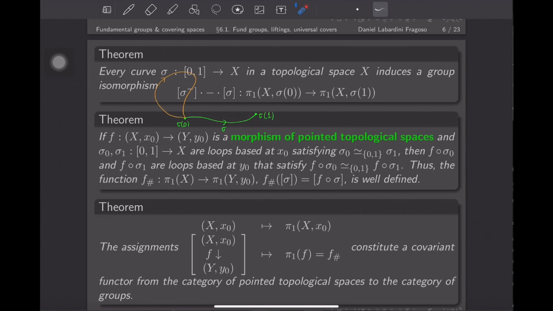So somehow everything is nice except that the isomorphism depends on the curve. It's not completely canonical.